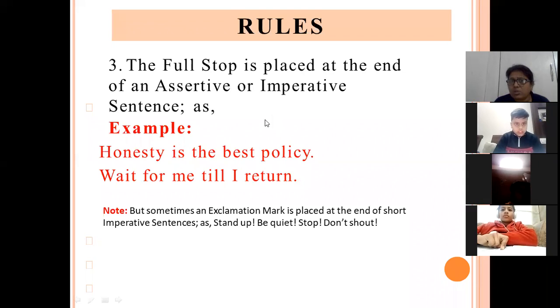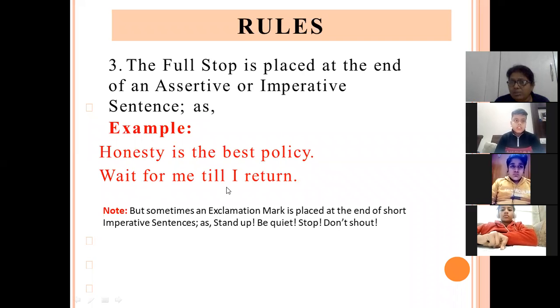Imperative sentences are those sentences which show command, advice, request. Like when you say, may I come in? So you are requesting. If you are commanding, like stand up, be quiet, stop, don't shout, these are commanding sentences. This sentence is also imperative, but it is a long one: wait for me till I return.